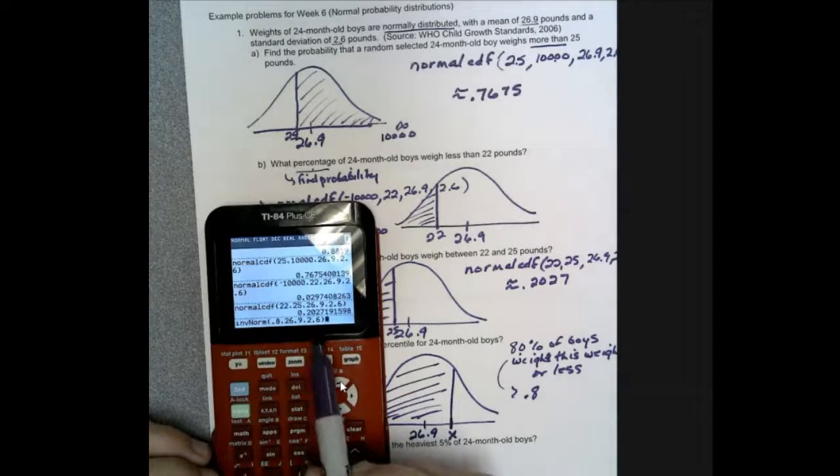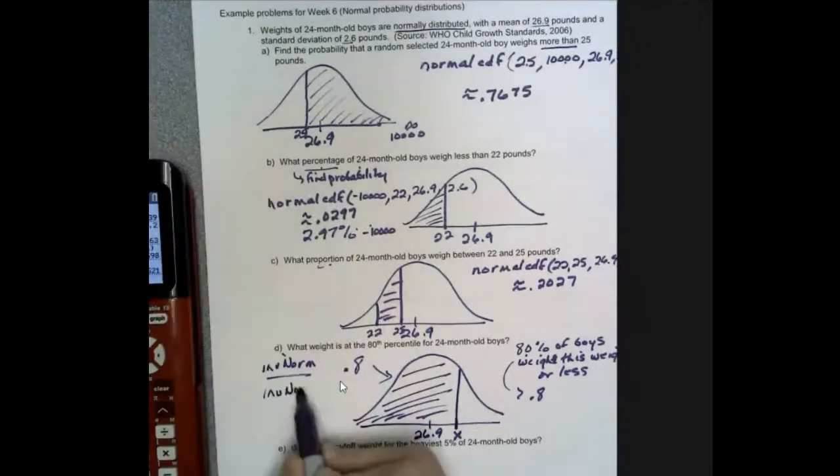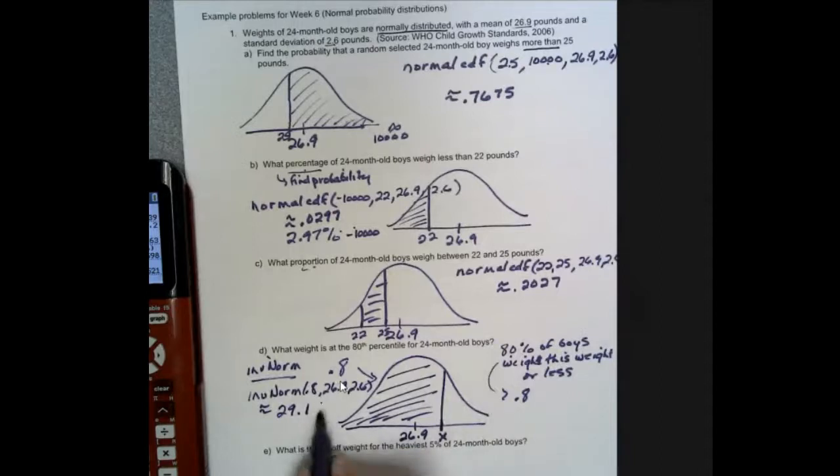So this one you only have to put in 3 values instead of 4. So this is what I actually put in here. And this turns out to be 29.1. Since everything else in this problem was rounded to 1 decimal place, I'm just going to round this to 1 decimal place. So this would be 29.1 pounds, since what we were looking for was a weight.